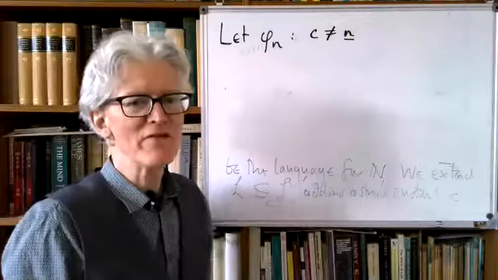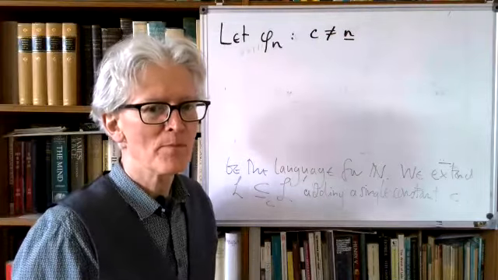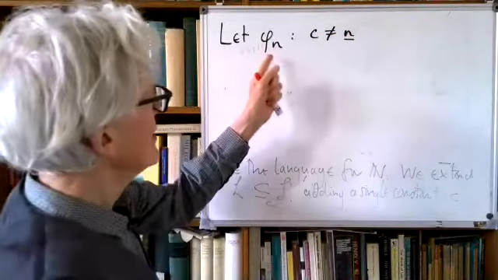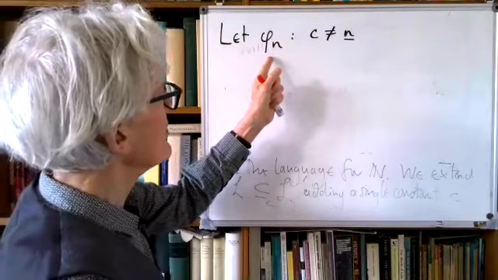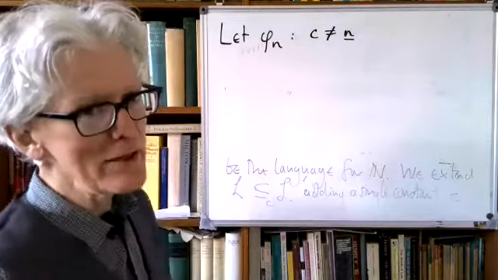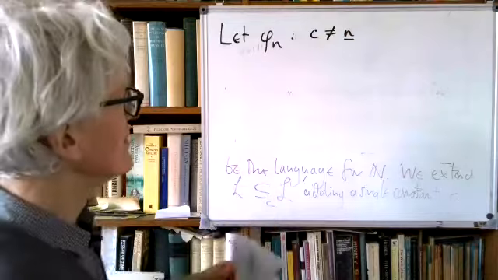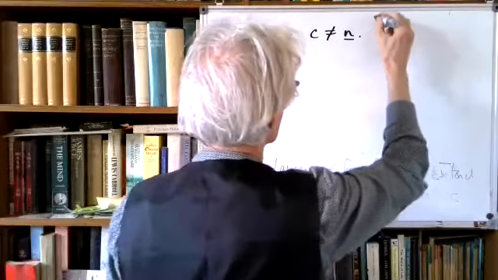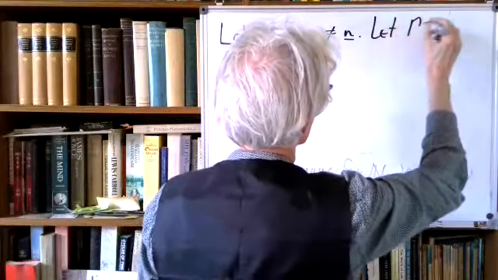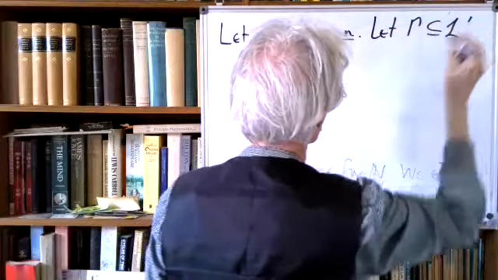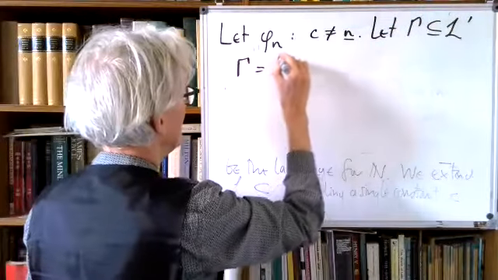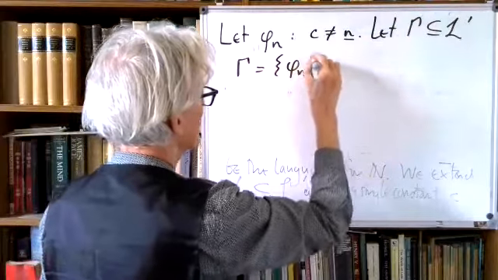So it says c is different from n. We're going to consider the collection of these phi sub n's, these sentences for every n. And we're also going to consider the truths of arithmetic. So what will gamma be? It'll be the collection of these phi n's.